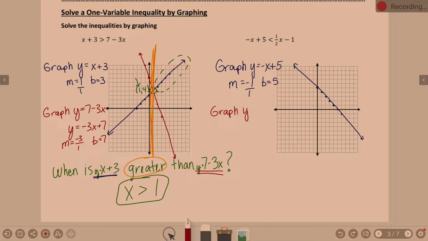Okay, after you graph your first line, you're going to graph the y equals 1/2 x minus 1. That means it's a slope of 1/2, a y-intercept of negative 1. So I'm going to go down 1. I'm going to rise 1, run 2. Rise 1, run 2. Rise 1, run 2. I hit a point in there, didn't I? Yep.